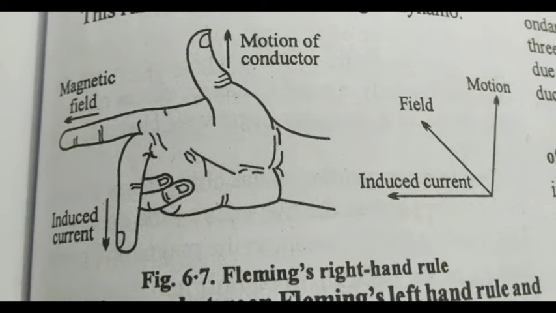Thumb shows the direction of motion of conductor. Forefinger shows the direction of magnetic field. Then the middle finger shows the direction of induced current.